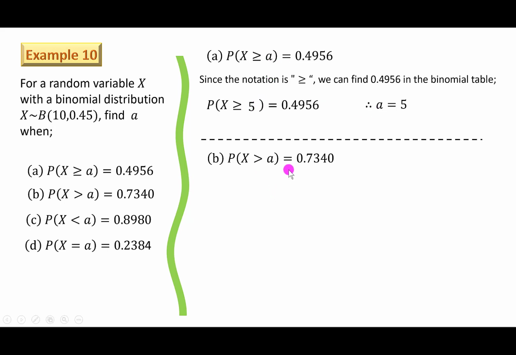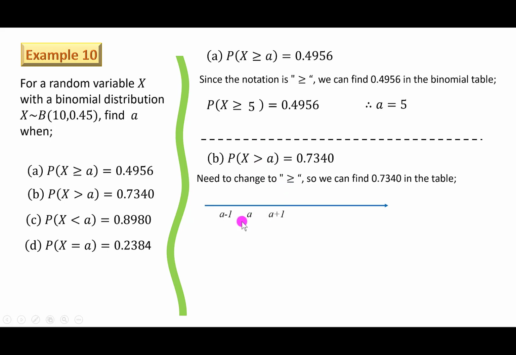For question B, we have the probability X greater than a equal to this probability. The difference in this question is the notation. If we look here, the notation is greater than, so we cannot use the binomial table yet because the notation must change into greater than or equal to.